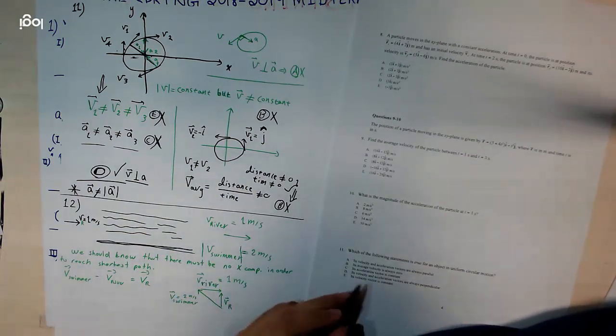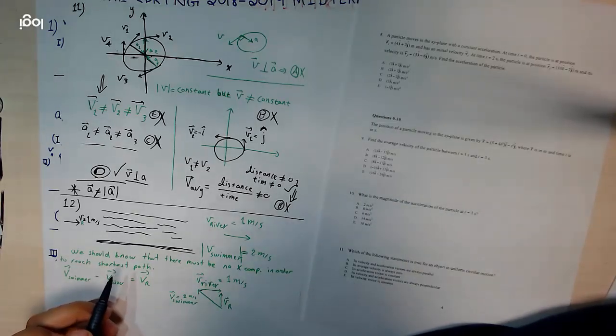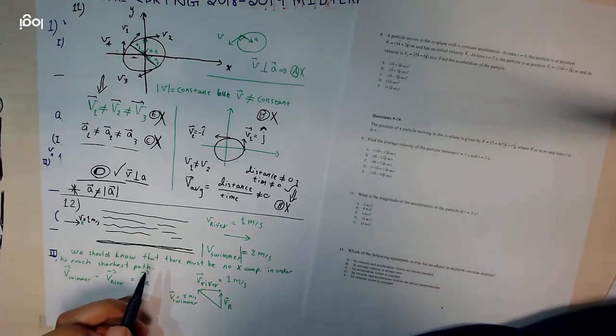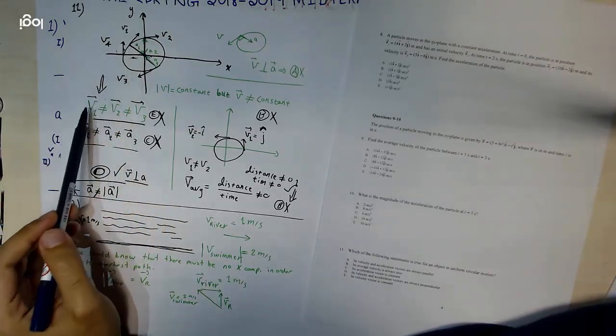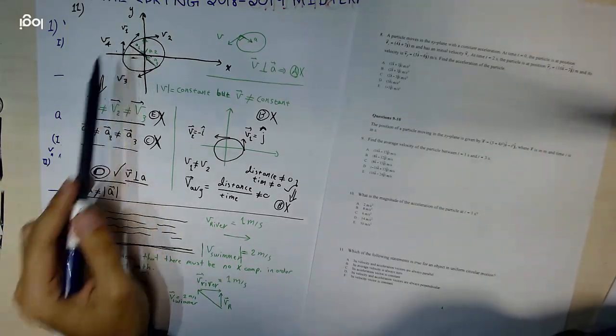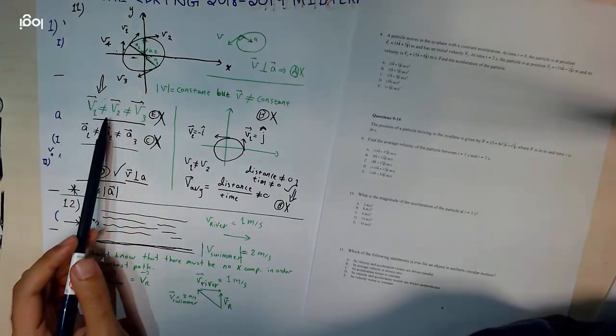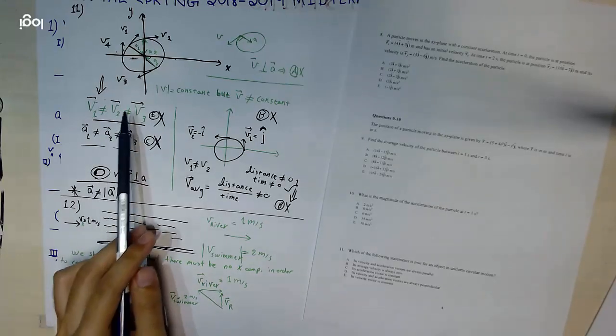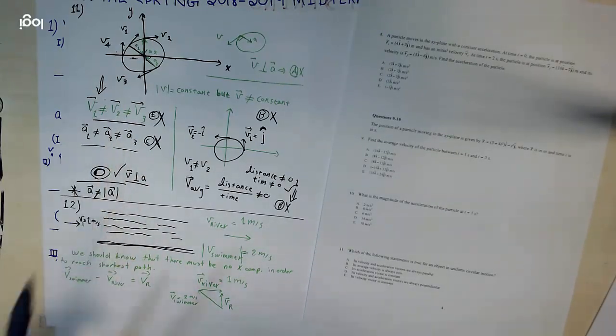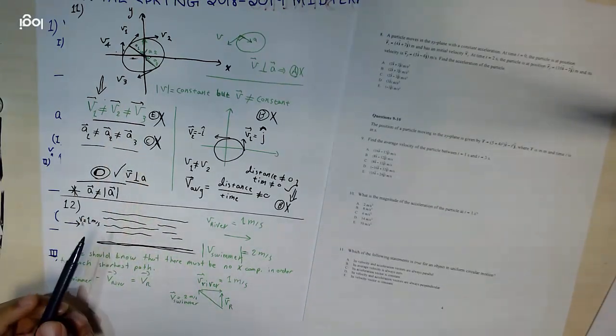Its velocity vector is constant. No, because velocity vector at first position is, as you can see from here, much more different than velocity vector at second position and third position. So this choice is eliminated.